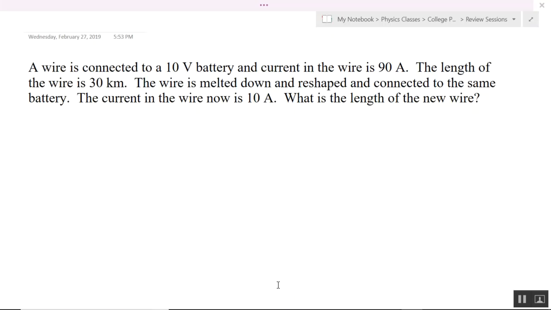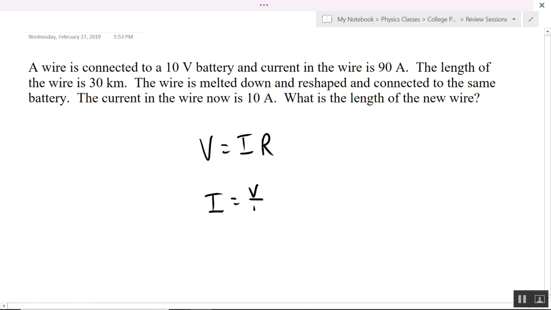The first thing you have to figure out is what is going on with the resistance, right? So you have this equation that V is equal to IR for a wire or any resistor, right? So the voltage is the same. If you want to find the current, because the current's changing here, it's obviously V divided by R, inversely related to the resistance.